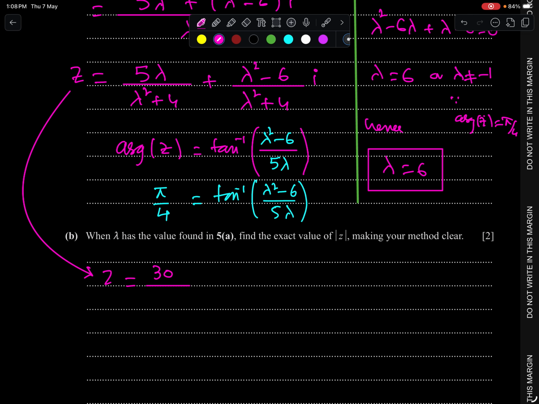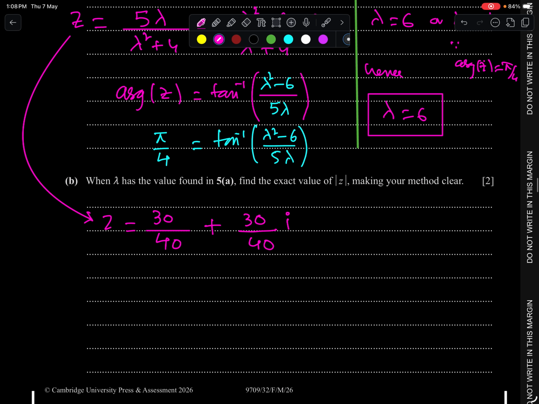Lambda square is 6 square, 36, minus 6 is 30, divided by 40. So we have got z equals 3 upon 4 plus 3 upon 4 i.